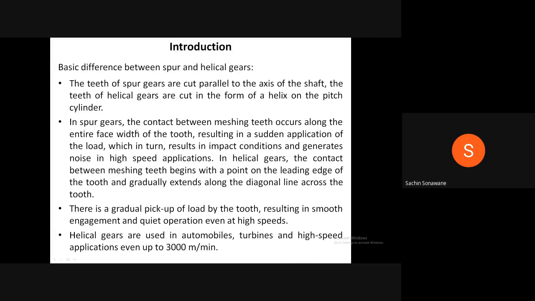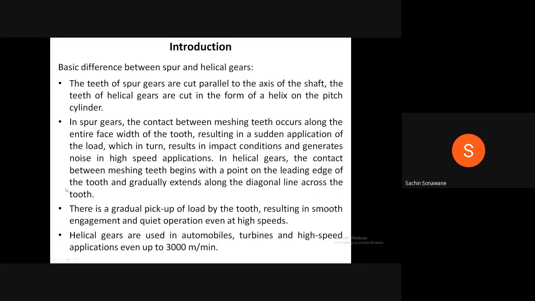In spur gears, the contact between meshing teeth occurs along the entire face width of the tooth, resulting in a sudden application of the load, which in turn results in impact conditions and generates noise in high-speed applications. In helical gears, the contact between meshing teeth begins with a point on the leading edge of the tooth and gradually extends along the diagonal line across the tooth.